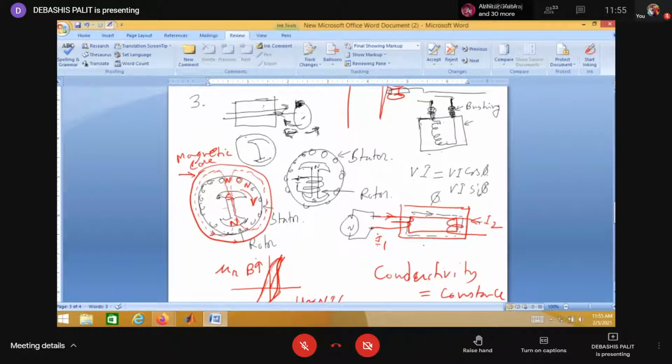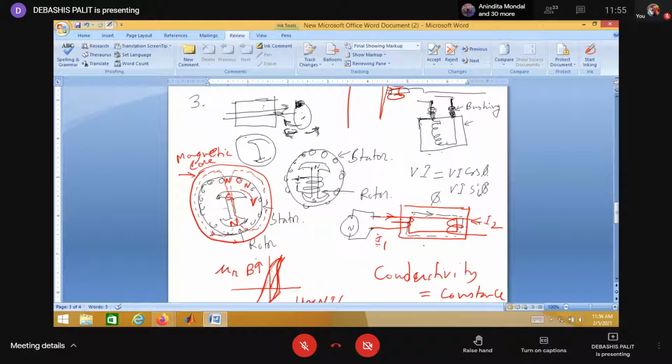Current flowing through an electric circuit is dissipated in the form of heat. That is the wastage of energy. But when magnetic flux is flowing through a circuit, there is no wastage of energy at all in a pure magnetic circuit, meaning a pure inductor that has no resistance at all.